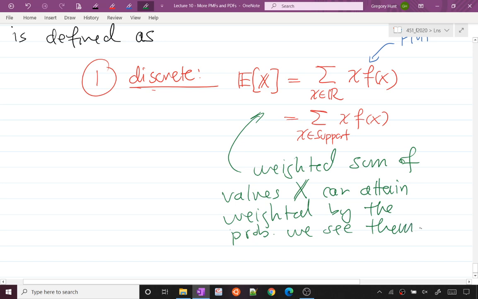It's basically a weighted average of all the possible values we could get for x, weighted by how likely it is we see each of these values.